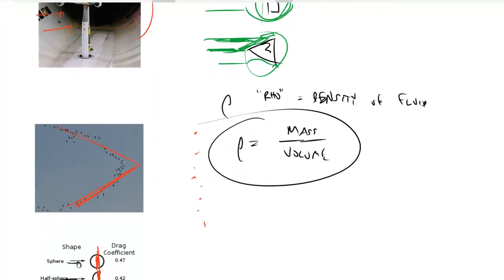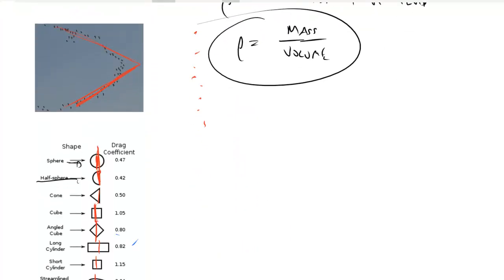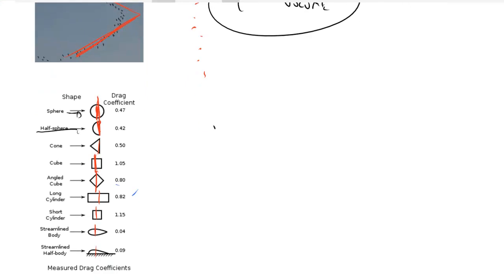So let's just rewrite this drag equation. The drag force is equal to 1/2 times the coefficient of drag times the density times the cross-sectional area times the speed squared. You see here, the faster we go, the greater the drag force. And so if we double the speed, then we quadruple the drag force.